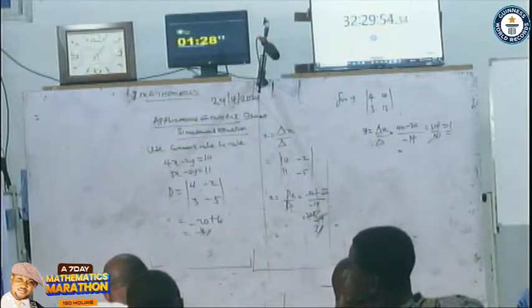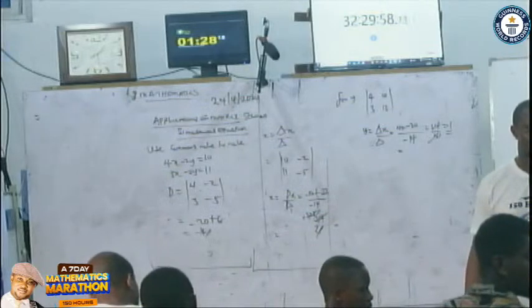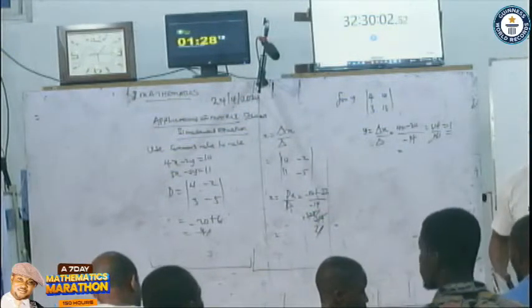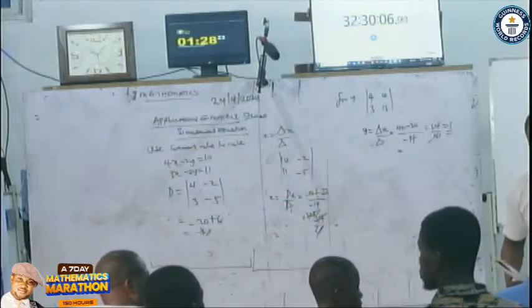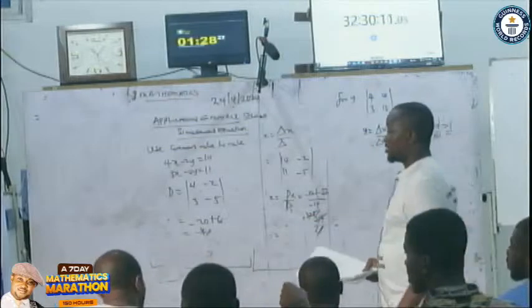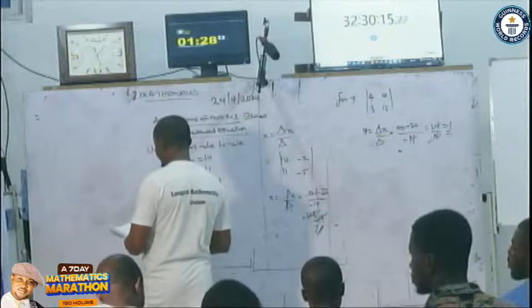So now we have the 2 by 2 variable. So now let's see how we can also apply Cramer's rule to solve 3 by 3 equation.